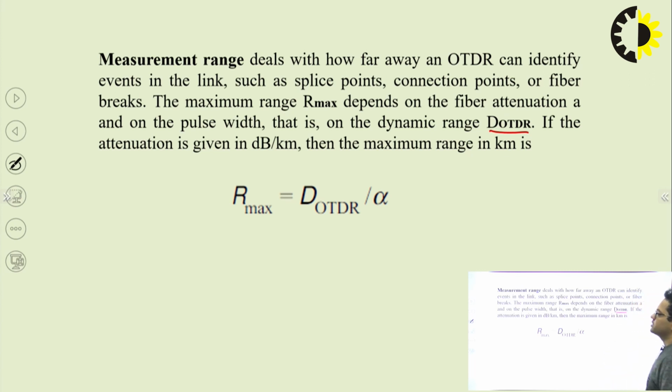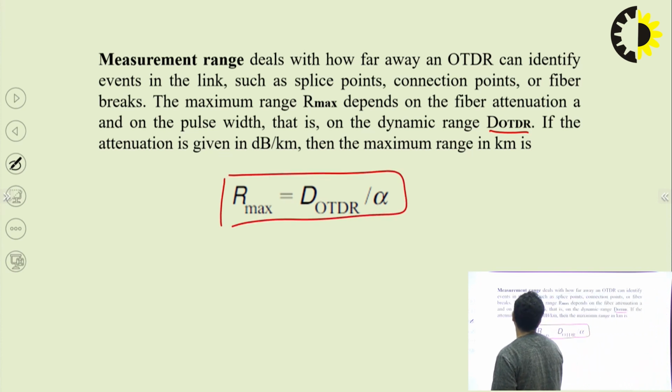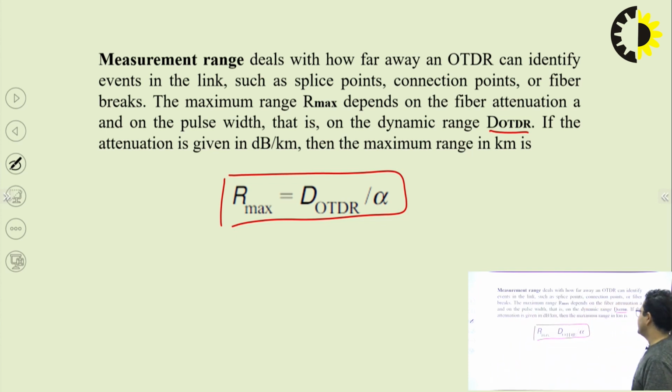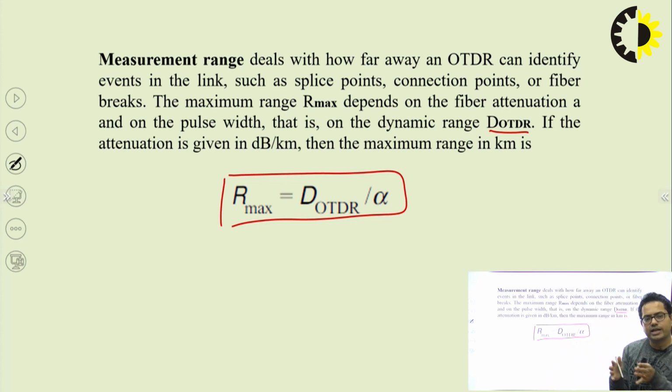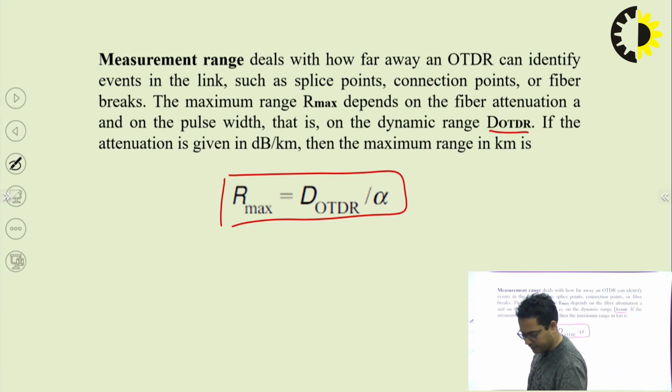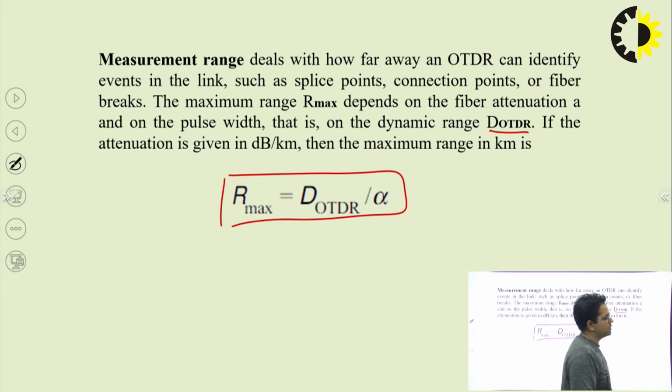If the attenuation alpha is given in dB per kilometer, then the maximum range in kilometers can easily be found by Rmax equals D_OTDR divided by alpha. D_OTDR is the dynamic range of the OTDR, divided by the attenuation factor. You get back the distance at which the loss is occurring, so you can easily find out those distances.